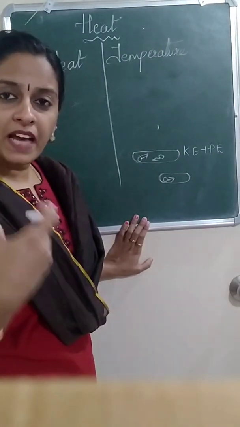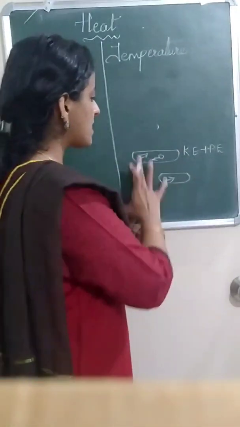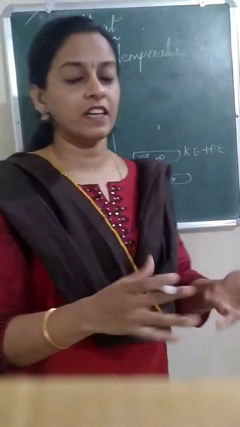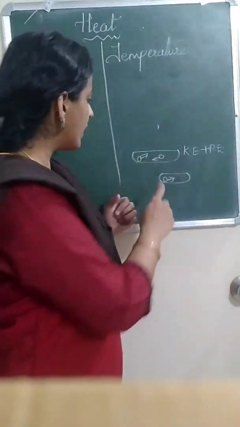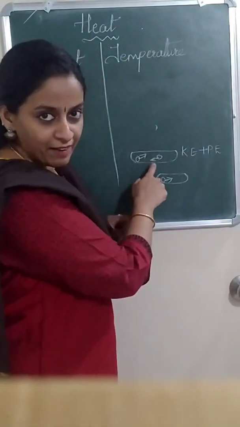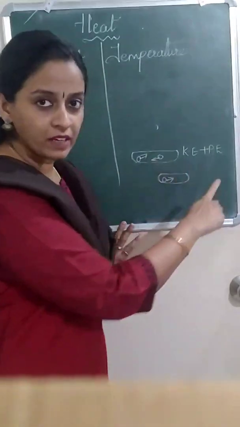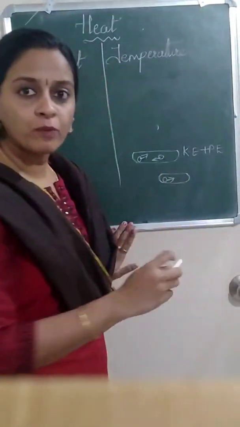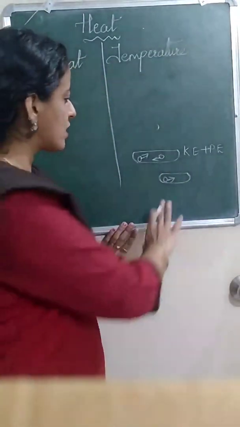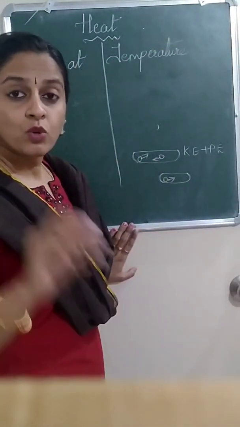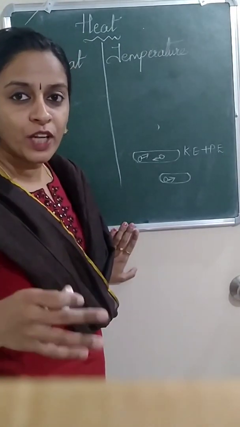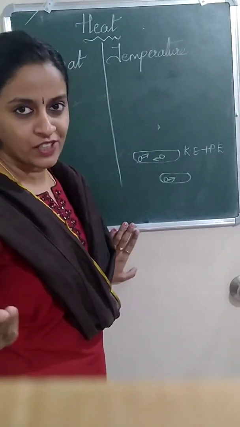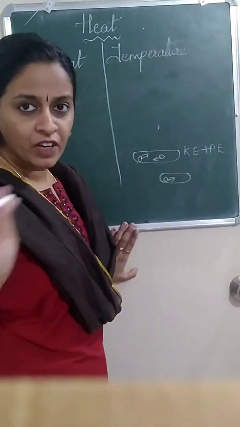As you supply heat, these atoms start moving. The kinetic energy increases. Here I have supposed two atoms because the object is bigger, whereas here the size of the object is small, so I have considered only one atom. So, who will have more heat energy? Heat energy is the total of kinetic energy and potential energy. No, potential energy we will not consider.